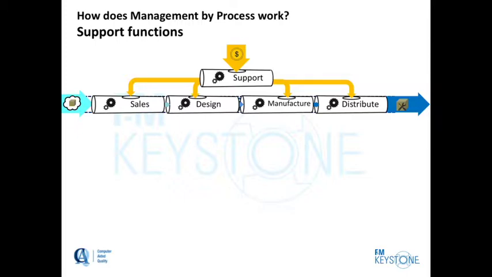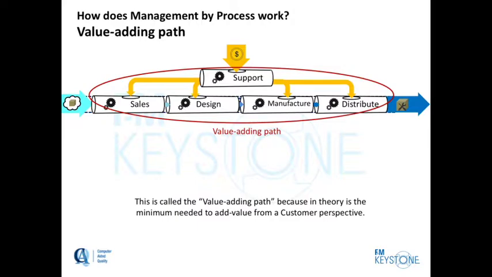Finances takes the money, allocates it to people management, infrastructure management, work environment management, and knowledge management, so that these can provide competent people in a work environment with the infrastructure they need to operate. This is called the value-added path because in theory, it is the minimum needed to add value from a customer perspective.